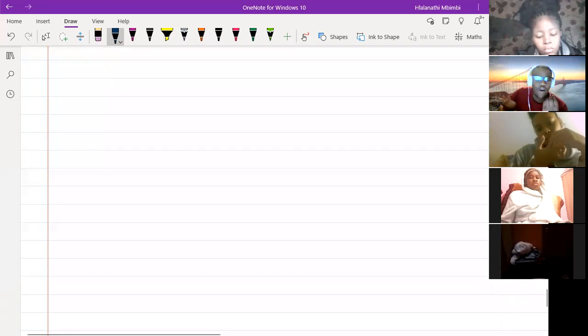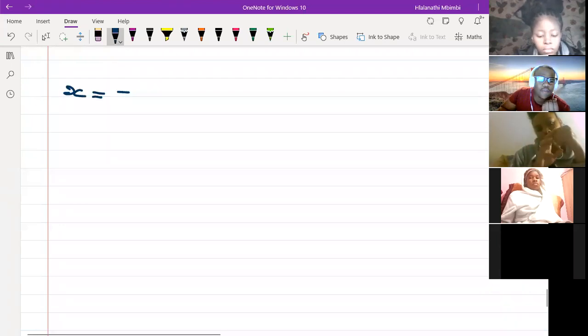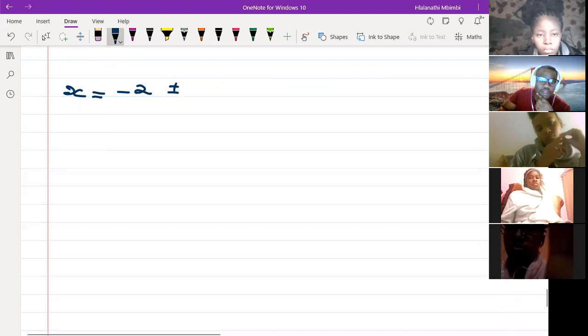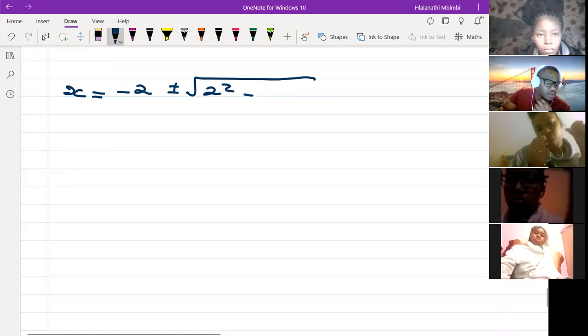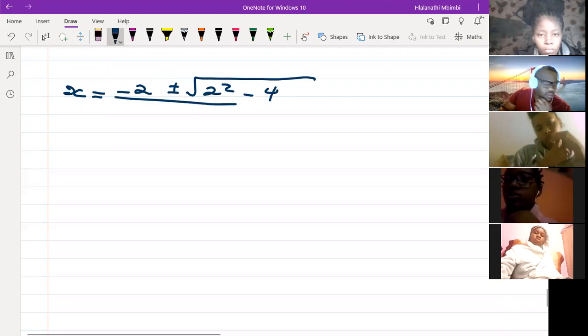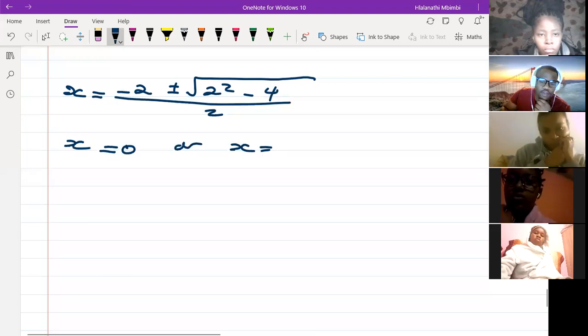There's this tendency I saw multiple times from different students. The person would say x is equal to 0 or x is equal to -2, but then they will say x is not equal to -2.